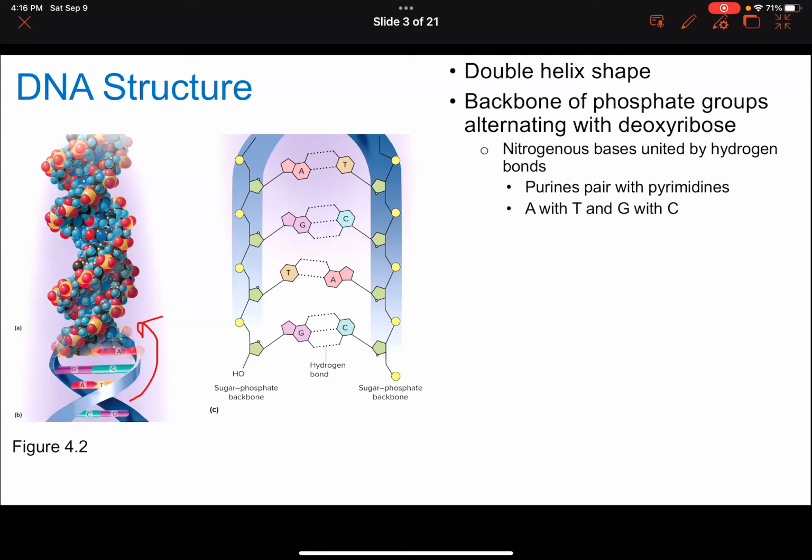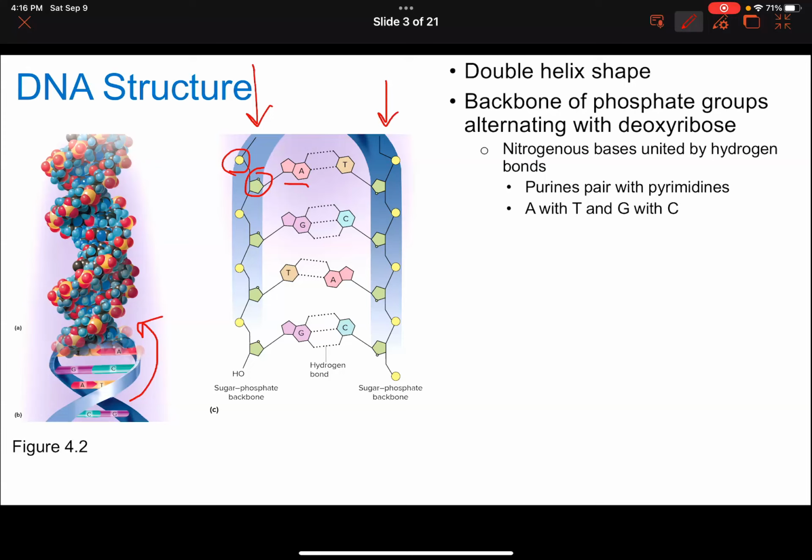The 2 strands of nucleotides are basically going to have a backbone. So here are 2 backbones of alternating phosphates and deoxyribose. And then that deoxyribose is attached to the nitrogenous base.